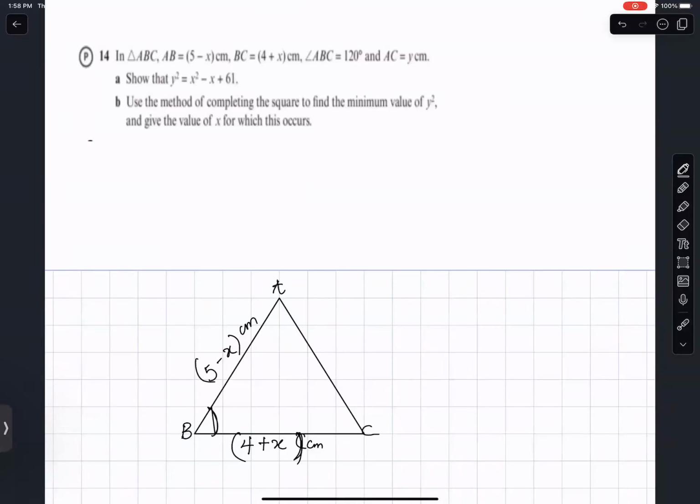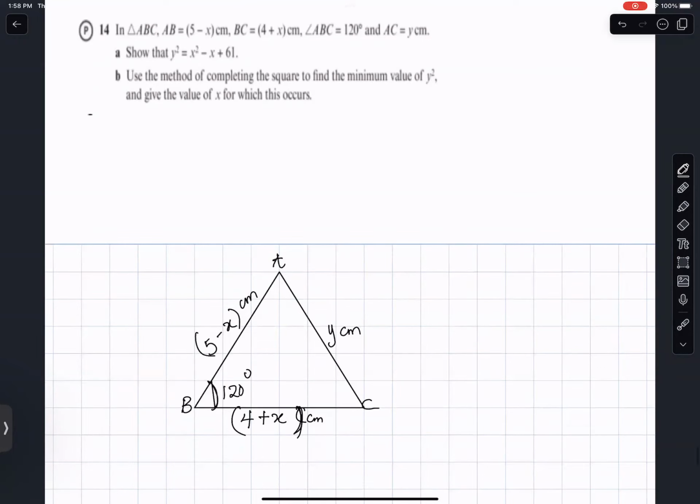AC is y cm. So we are going to show that y squared equals x squared minus x plus 61.